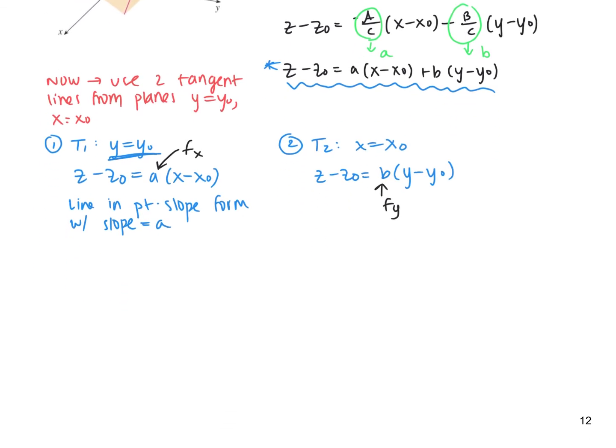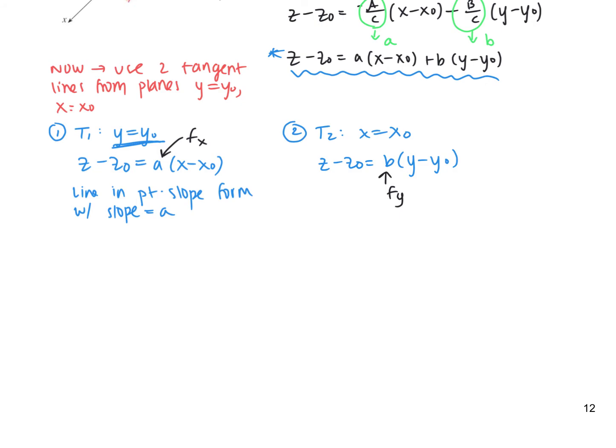Okay then, so now, finally, where this leads us is we're going to go back to the equation of our plane. I keep saying line, the equation of our plane. We now know what a is, and we now know what b is.